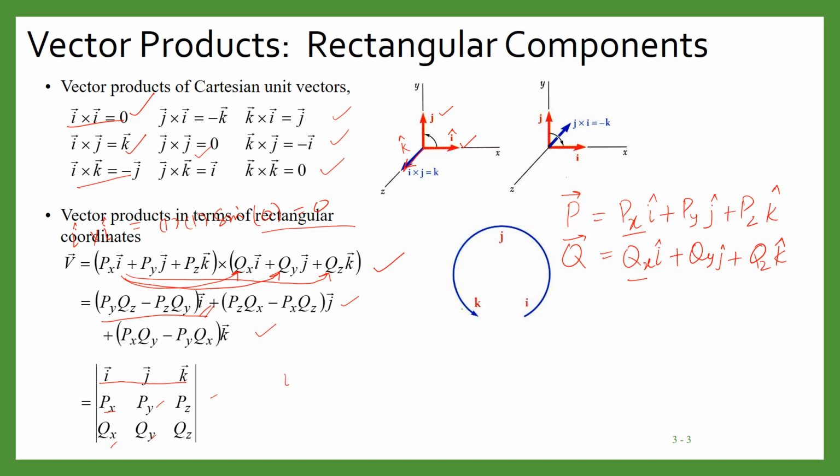So when you take i, in the i direction we have py qz minus pz qy. So you can easily remember this vector product by remembering this.